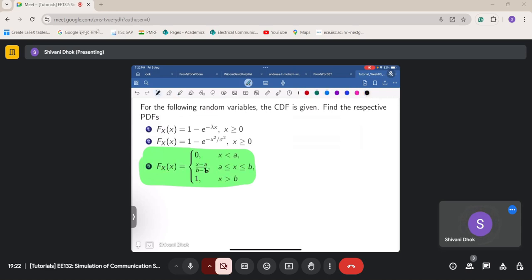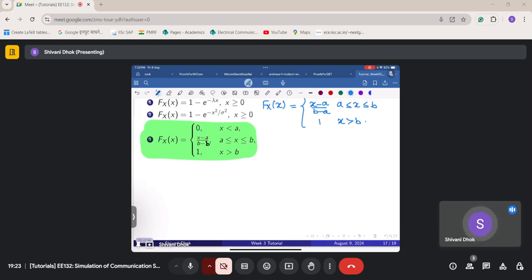FX(x) is 0 for x less than a, it is (x minus a) by (b minus a) for a less than or equal to x less than or equal to b, and it is 1 for x greater than b.